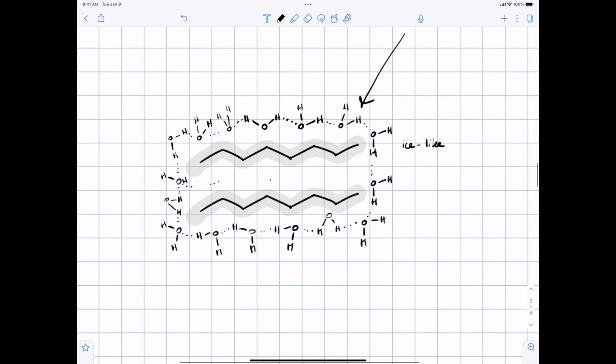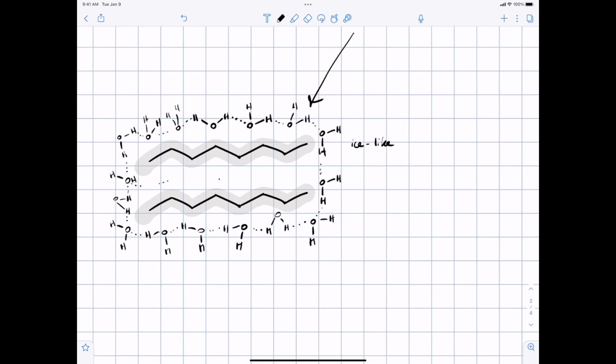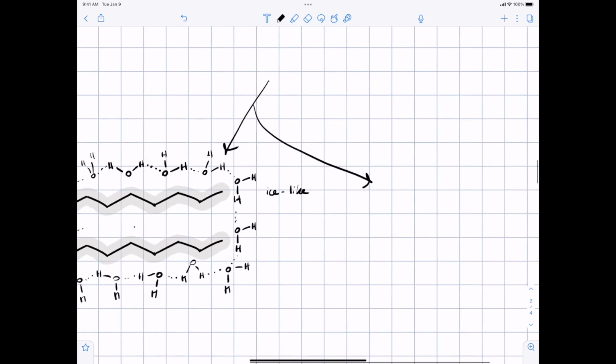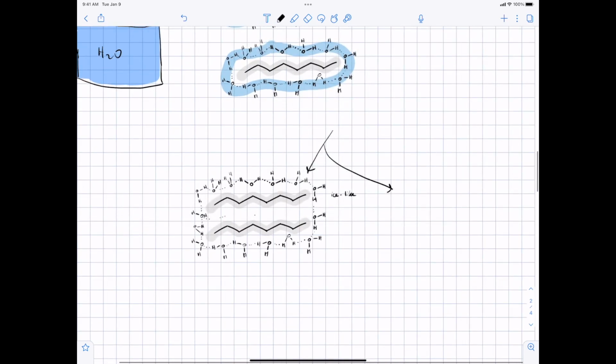So now you have a ton of water molecules that get released to the bulk. And I'm not sure how many we counted, but lots of individual molecules freed from the ice cage. They are back with lots of entropy.